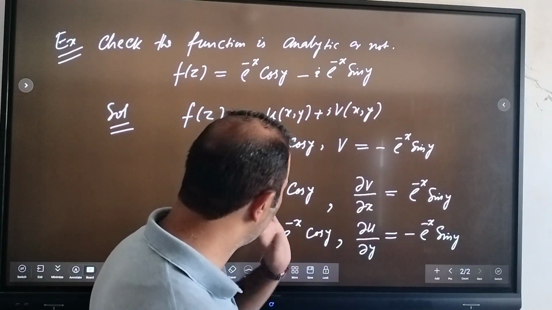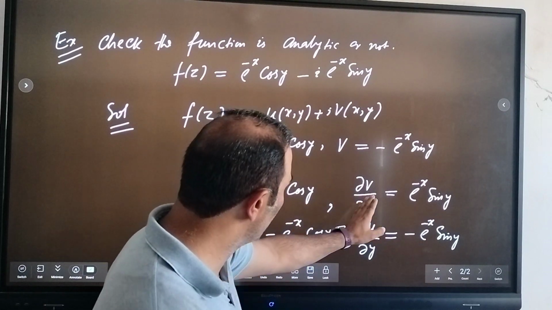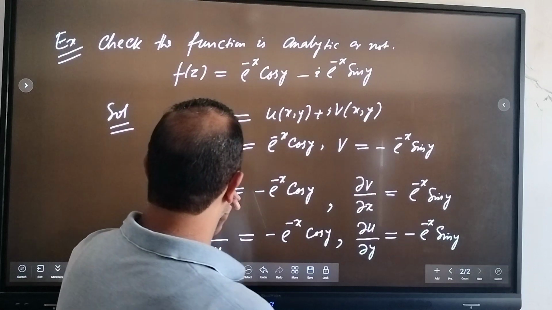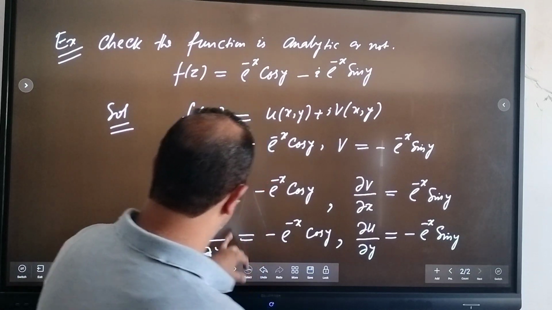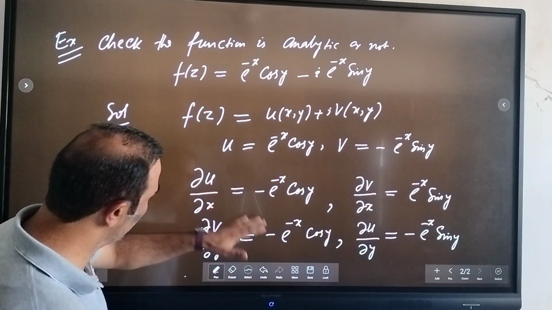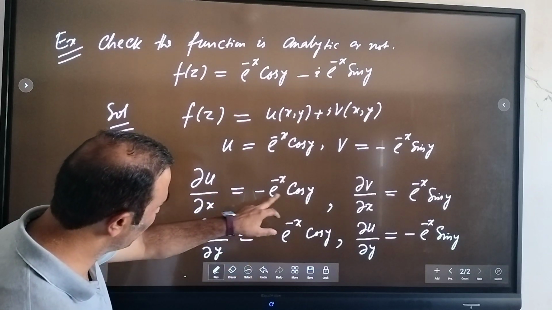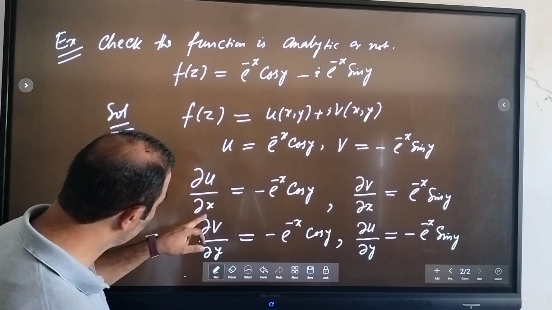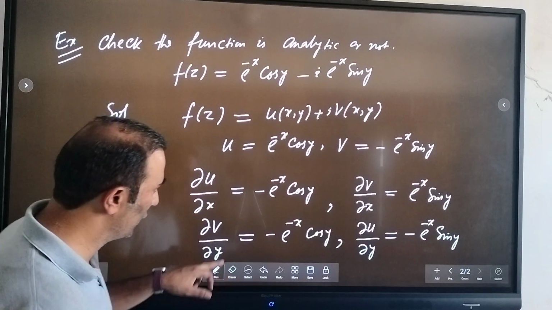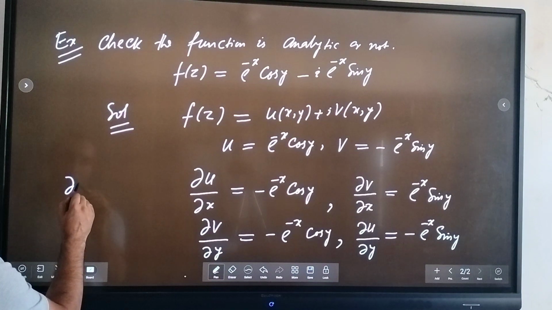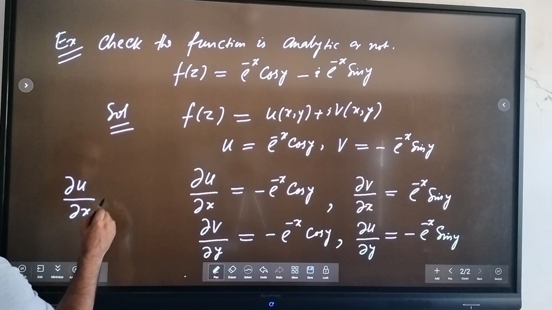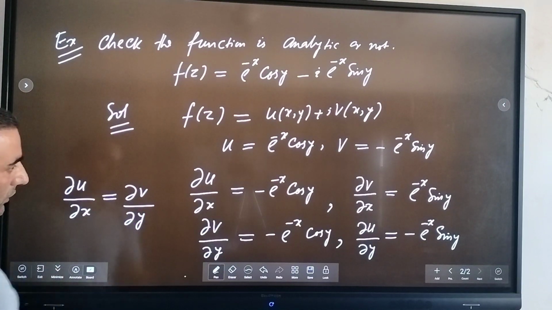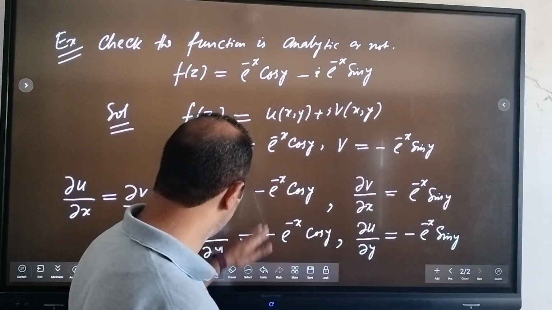The first condition is that partial u by partial x should be equal to partial v by partial y. I made some mistake here, but this is clear because this should be equal to this one, e power minus x cos y and minus e power minus x cos y. So from here you can say that partial u by partial x equals partial v by partial y. So the first condition is okay.